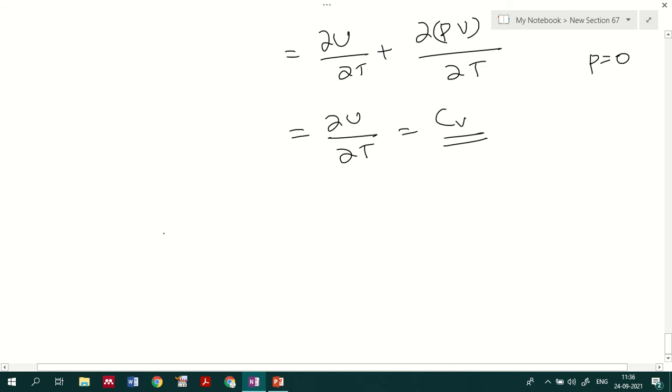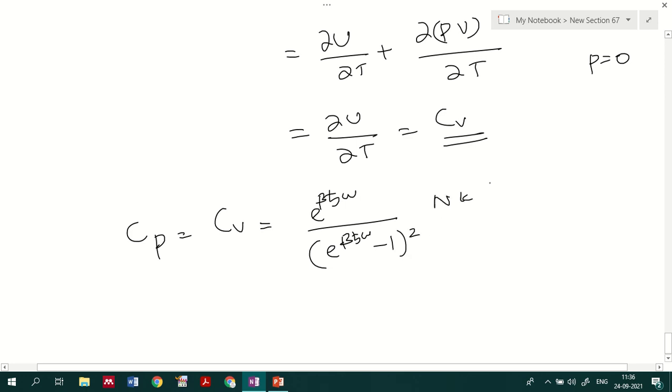Okay, so that is Cp equal to Cv equal to e raised to beta h cross omega divided by e raised to beta h cross omega minus 1 whole square, N k, h cross omega by kT whole square.